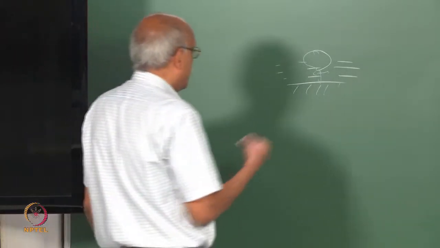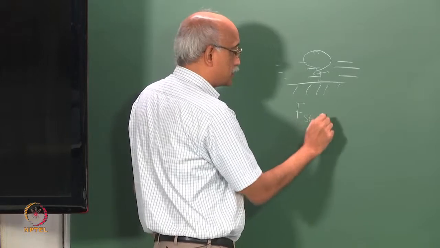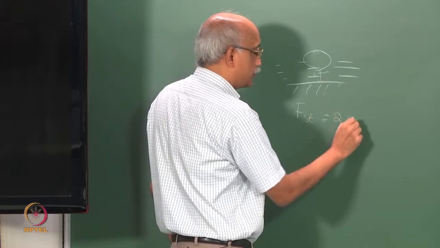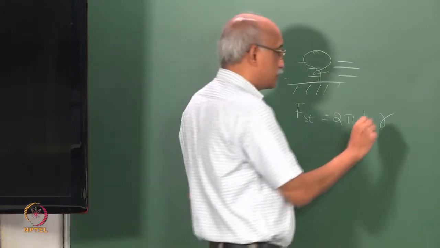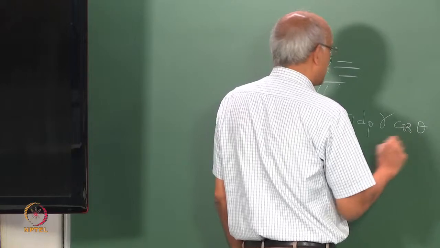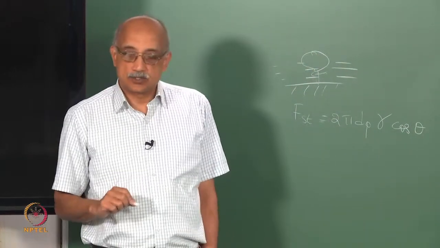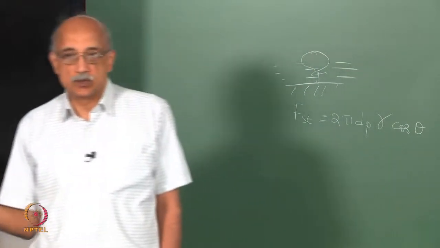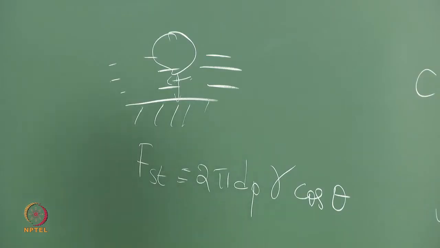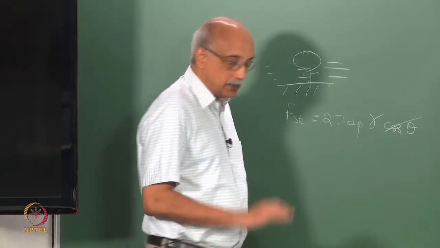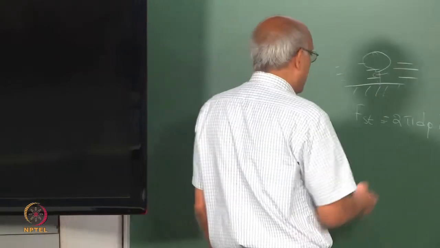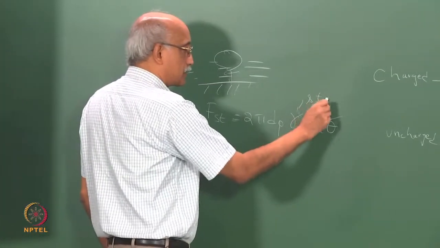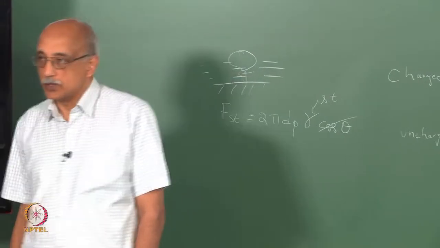And the expression for a surface tension based adhesion force is 2 pi dp gamma cos theta, where theta is the contact angle, but assuming that the contact angle is 0 and you have good spreading of the liquid on the surface, this becomes 1, and for a wetting liquid the surface tension based force can simply be written as 2 pi dp gamma, where of course gamma is the surface tension of the liquid.